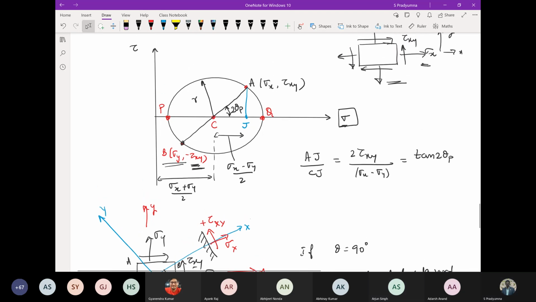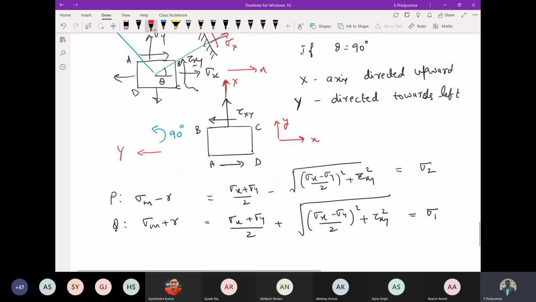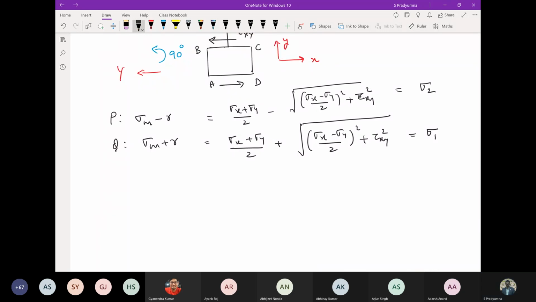So what could be the maximum value of shear stress on this? I call these points S and T. So what is the coordinate of S? Sigma m comma r.